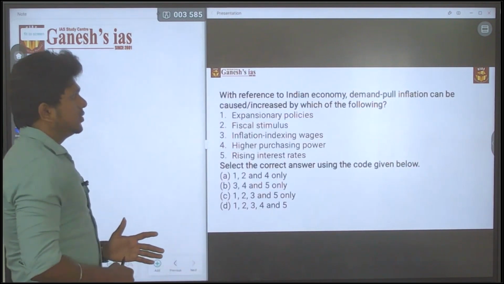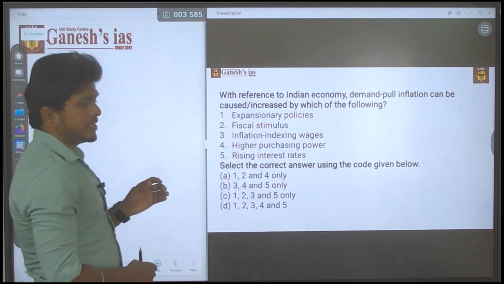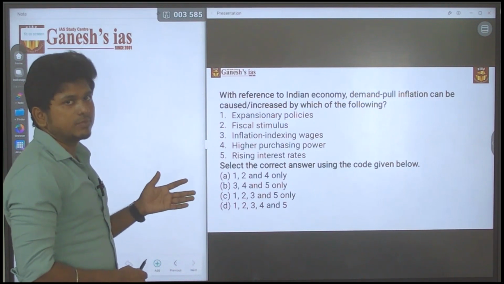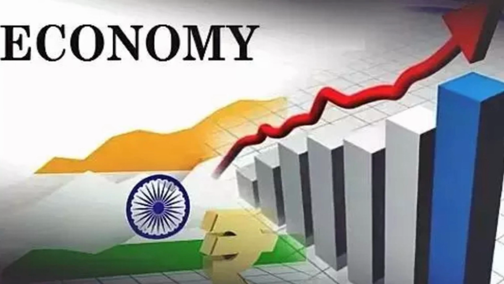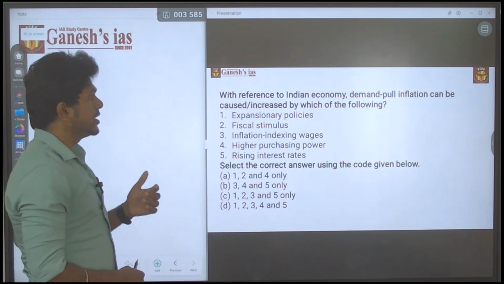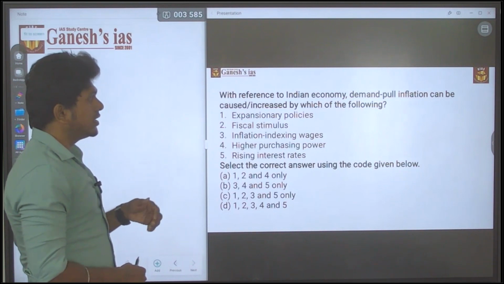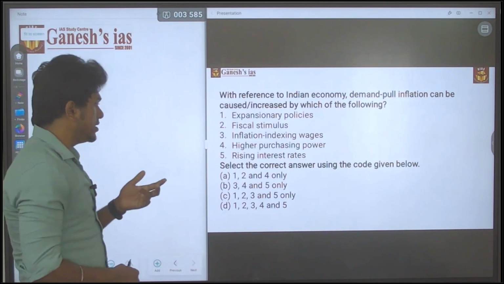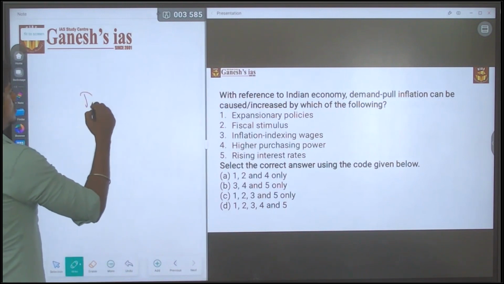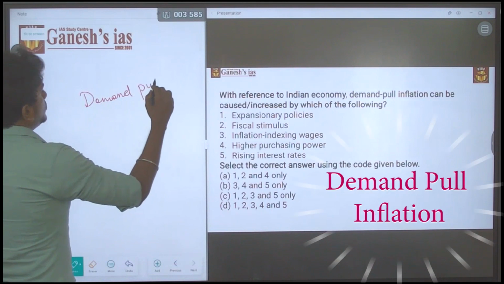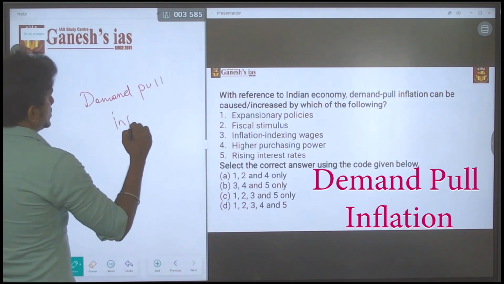See, it is one of the easiest questions asked in 2021 and it is purely from the static part. With reference to the Indian economy, demand pull inflation can be caused or increased by which of the following? So it is asking about demand pull inflation.